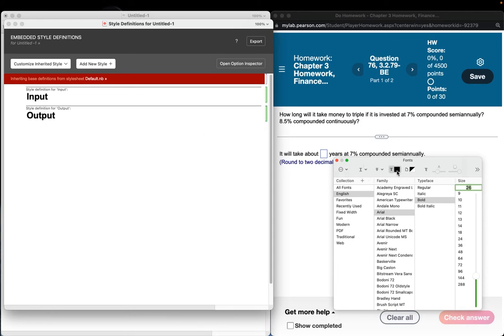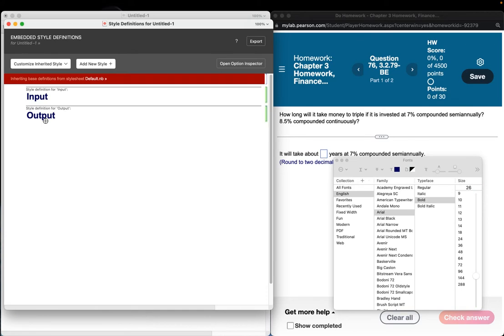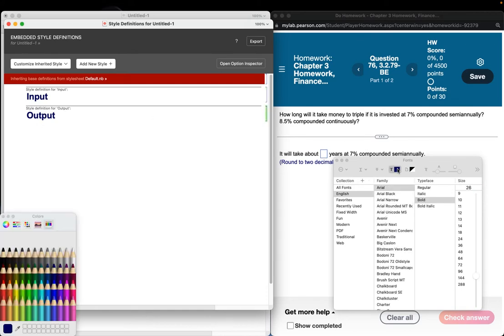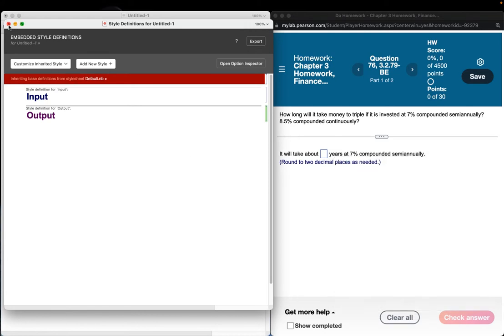And we could choose midnight blue. And the output could be plum. It's a reddish purple. Okay, that looks fine. Okay, so now we're ready to go.